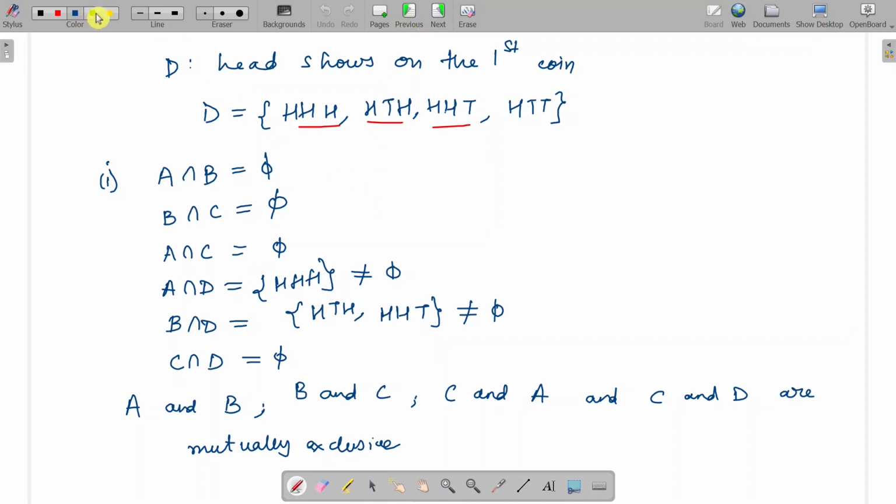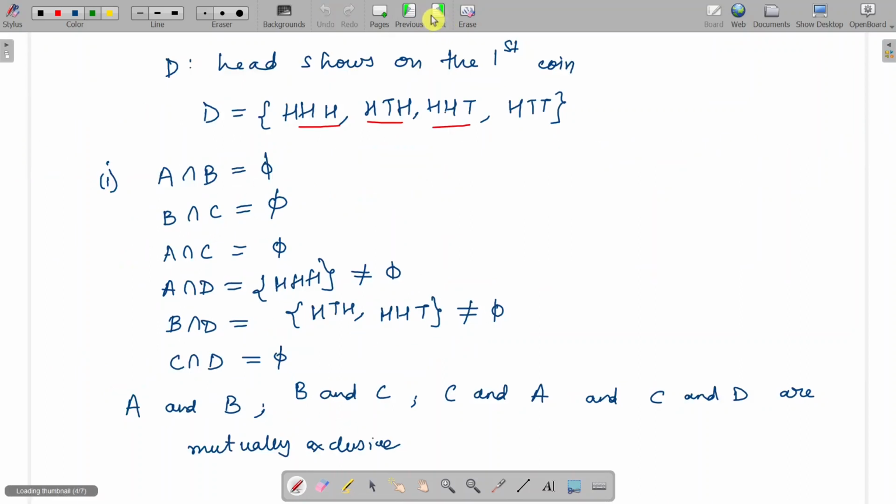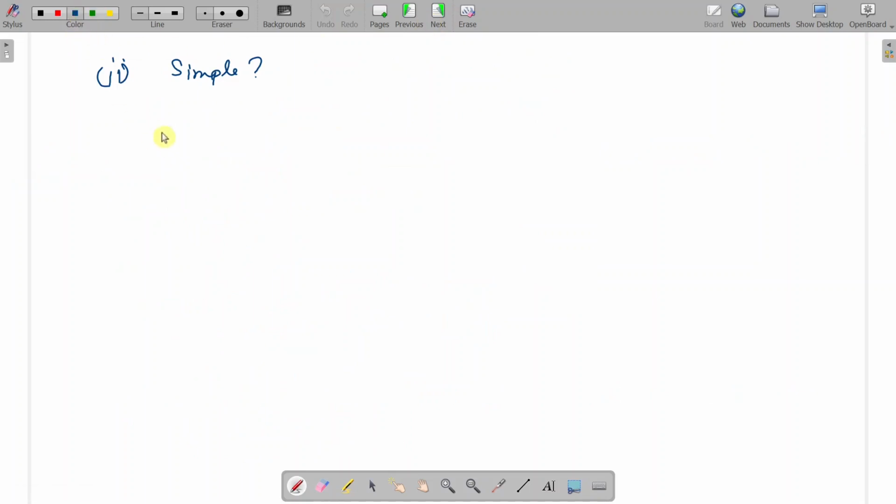We have to look at the events. A contains only one element, and the set C also contains one element. So only A and C are simple events, right?